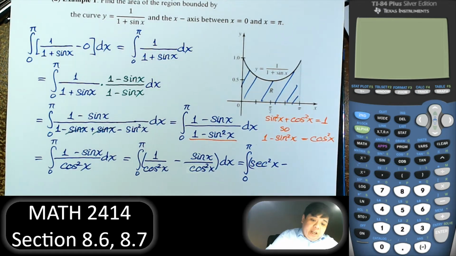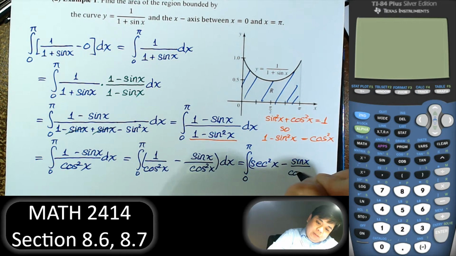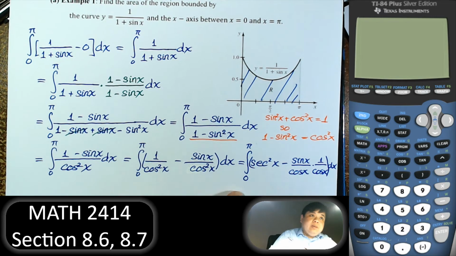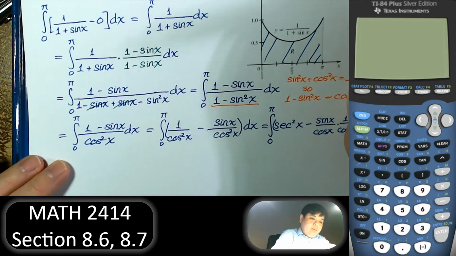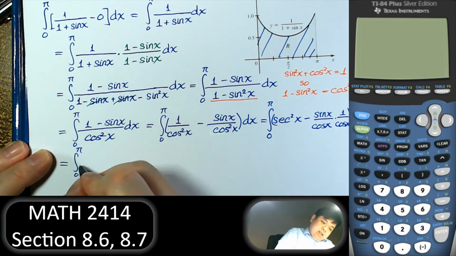And this we write as sine over cosine, and then we still have another cosine, so put 1 on the top. In that case, we have the integral from 0 to pi of secant square.